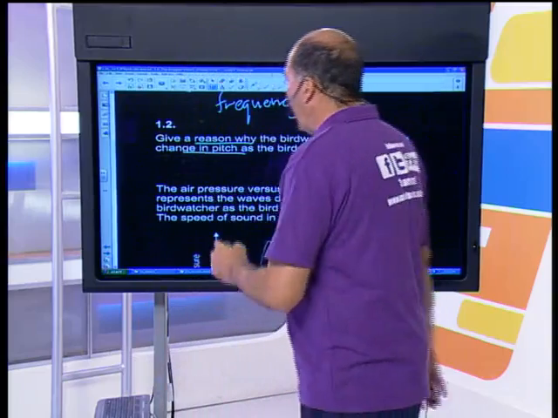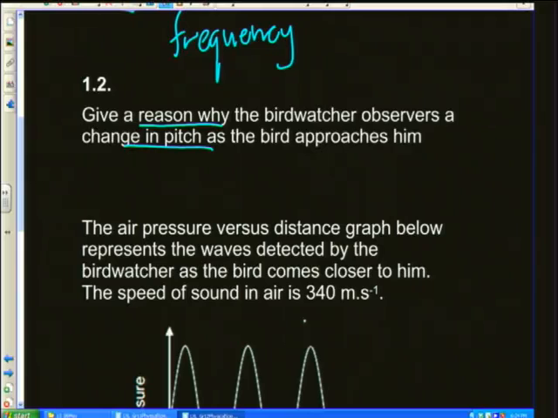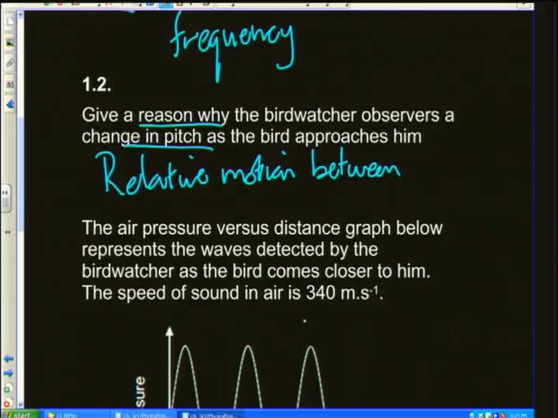But the reason why is that there is relative motion between the sound source and the observer.